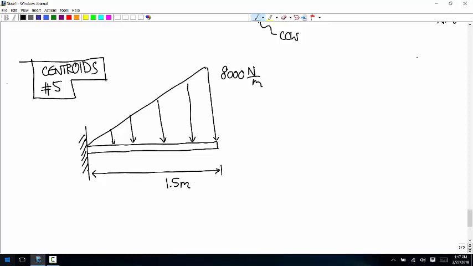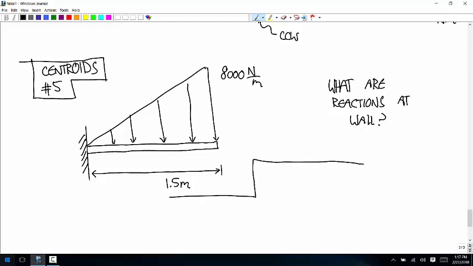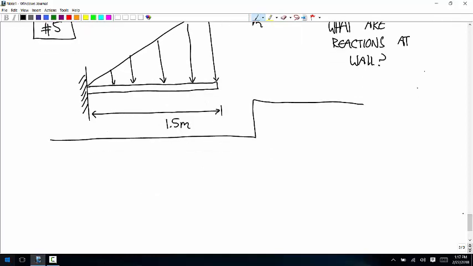And we want to calculate the reaction loads at the wall. So first, let's calculate the centroid. We want to represent this as a point force, so we're going to calculate the total area and then the centroid.